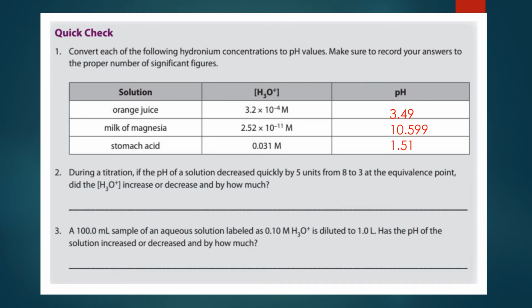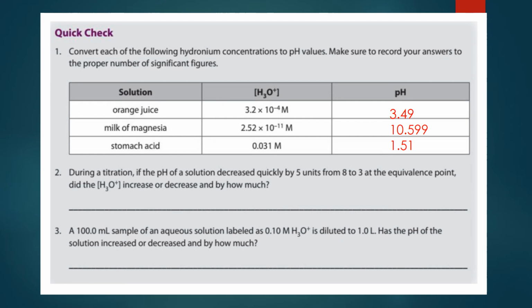For question 2, it's a little bit more of a thinking problem. It says, during a titration, the pH of a solution decreased quickly by 5 units from 8 to 3. Did the concentration of hydronium increase or decrease, and by how much? So if we're decreasing the pH, we're actually making it more acidic. And solutions that are more acidic have a higher concentration of hydronium in them. So that means that the concentration of hydronium increased.